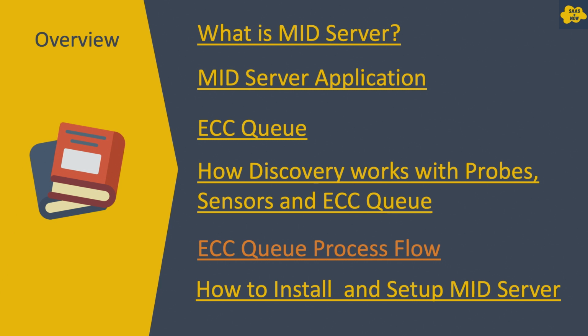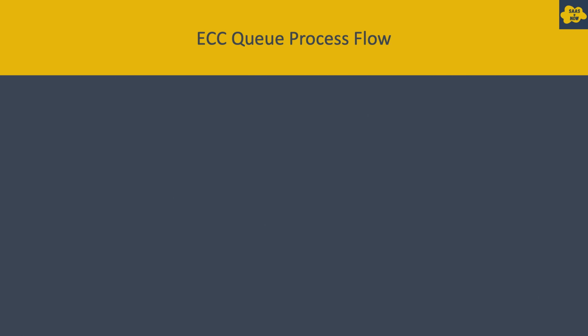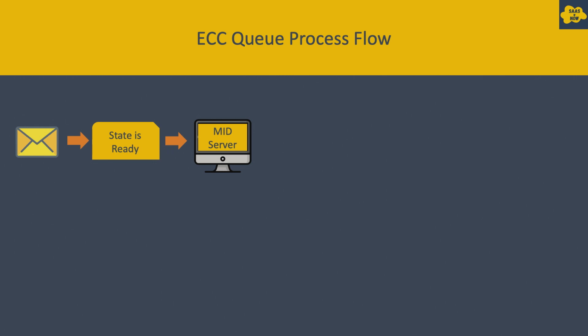The next topic is the ECC queue process flow. We will see how the ECC queue processes the work and changes the state as per different activities. So let's start with a new message created in the ECC queue. Then the system checks if the message is an input or output message. If the message is output, then the state becomes ready, which is basically ready to send the job to the MID server.